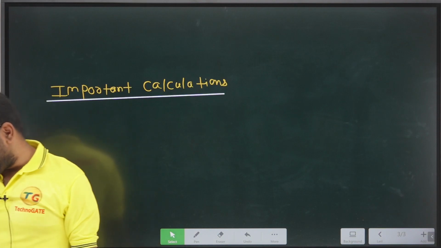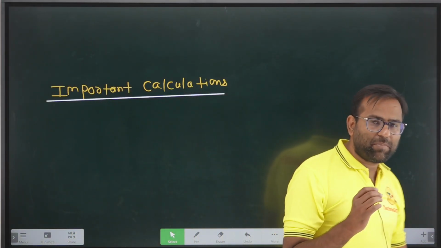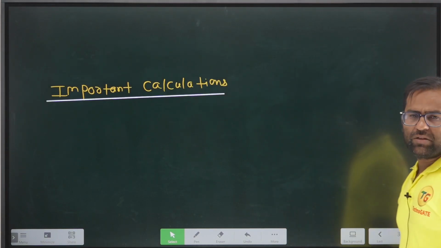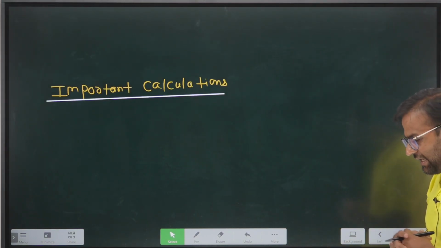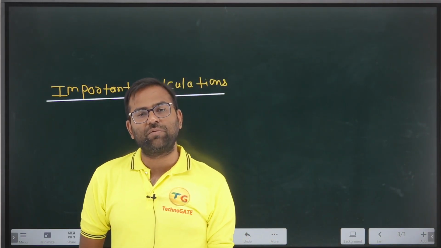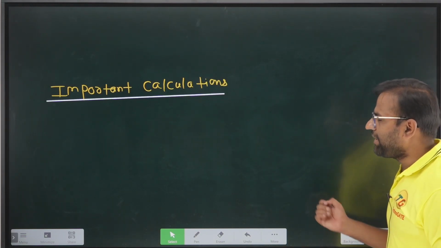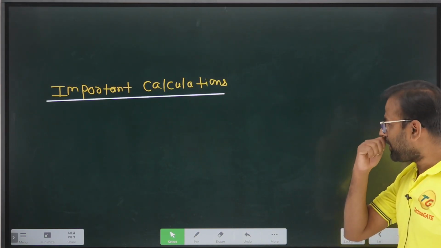Important calculations means, suppose the numbers are random, and for a random number you cannot characterize anything with the help of a single sample. You need the average of samples. So we will talk about average, mean square value, and everything which is important in the communication system.